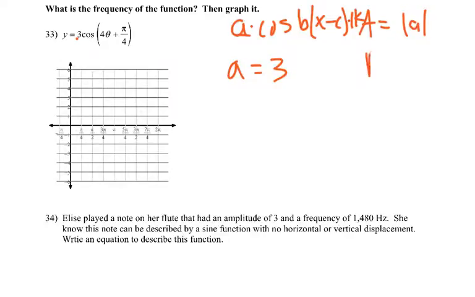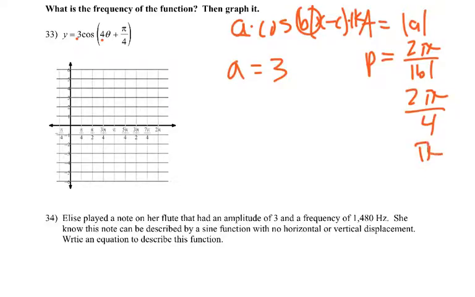Okay, our period is 2 pi divided by the absolute value of b. So b out here would be 4. So our period would be 2 pi over 4, or we reduce that to pi over 2.